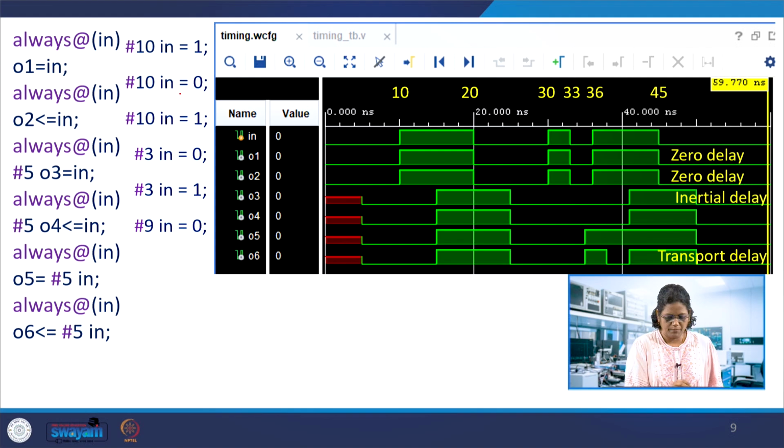The input given in the test bench goes to 1 at 10 nanoseconds, then after another 10 nanoseconds it changes again, and at 20 it becomes 0. After 10 again it becomes 1, and then at 33 it becomes 0 again. At 36 it becomes 1, and 9 after that, 36 plus 9, at 45 it becomes 0.